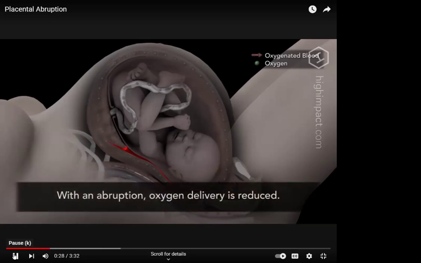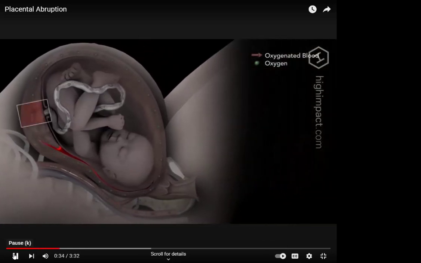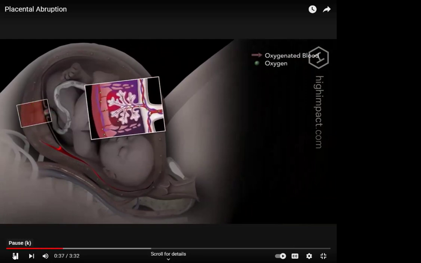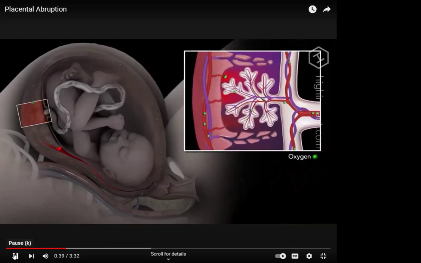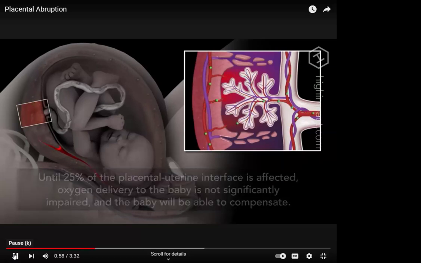With an abruption, oxygen delivery is reduced. Until 25% of the placental uterine interface is affected, oxygen delivery to the baby is not significantly impaired, and the baby will be able to compensate.